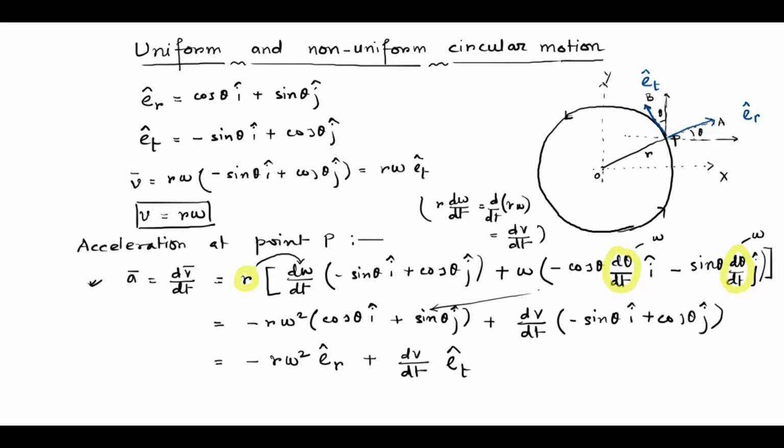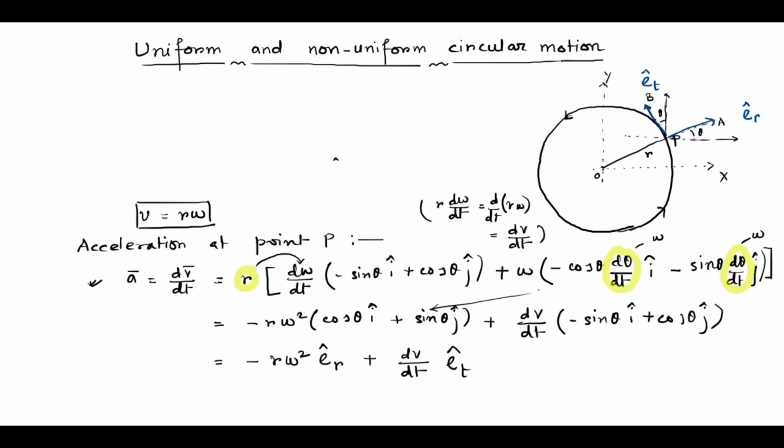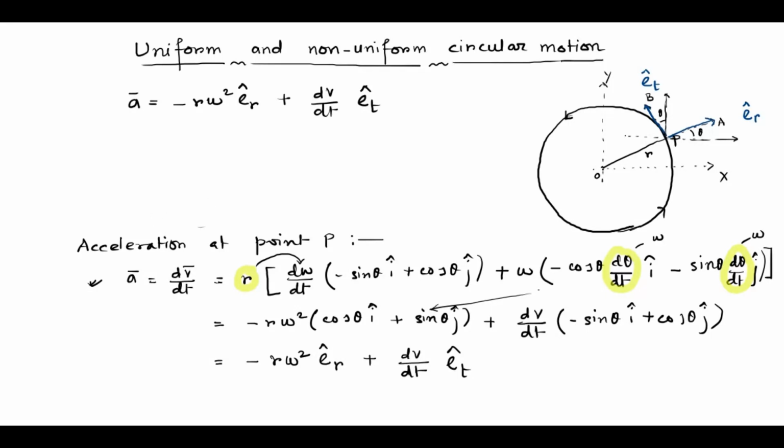Okay, so I clean this and write in a fresh way that the acceleration a in general is minus r omega square e_r plus dv by dt e_t. e_r is a unit vector in the radially outward direction, and e_t is the tangential unit vector.